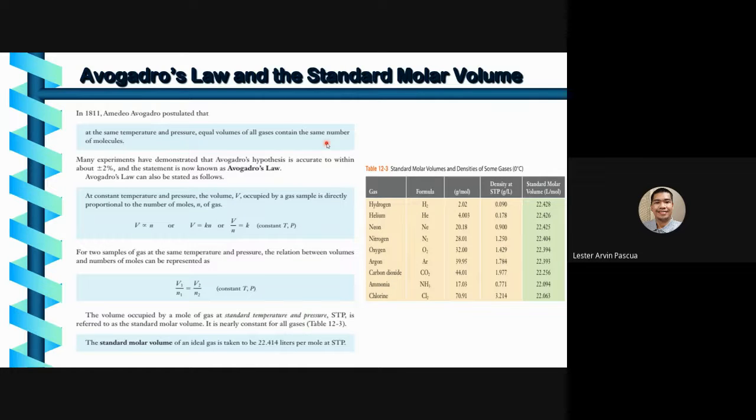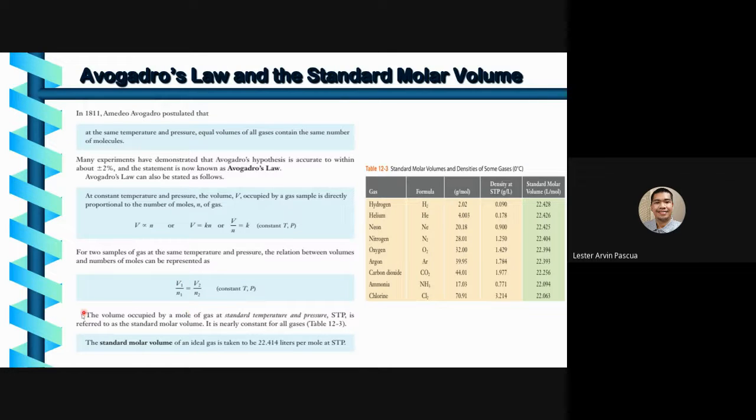Okay? So, pag in-analyze mo sa proportionality, that means that they are directly proportional to each other. And similar to Charles's Law, ganito yung magiging formula na makuha mo kapag ginamit mo yung proportionality constant na yun.